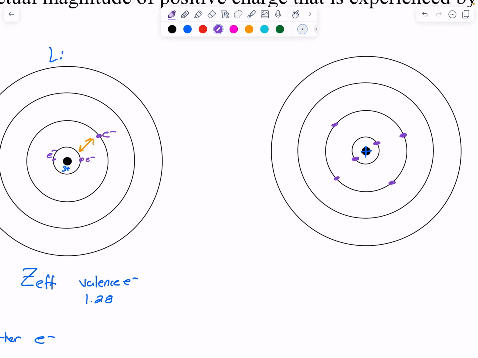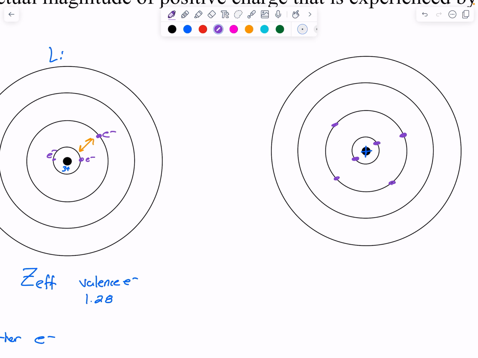And by Coulomb's law, more charge means more force of attraction. So as we go across, the atoms contract. It's kind of neat. As you go across the periodic table, you have more and more force holding them together, so they get smaller and smaller and smaller.